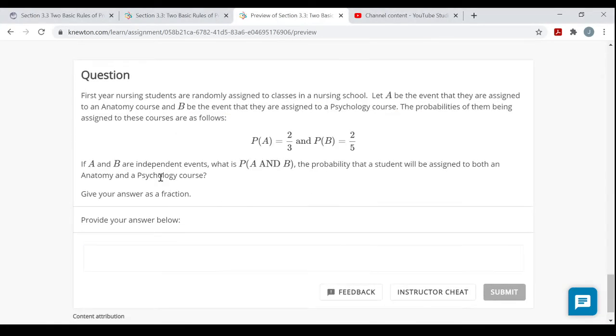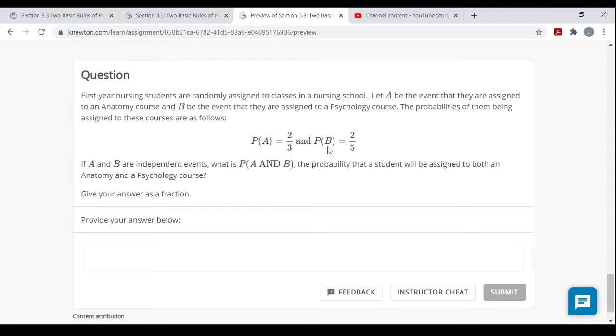First year nursing students are randomly assigned to classes in a nursing school. Let A be the event that they are assigned to an anatomy course, and B be the event that they are assigned to a psychology course. The probability that a student is assigned to an anatomy course is 2/3.